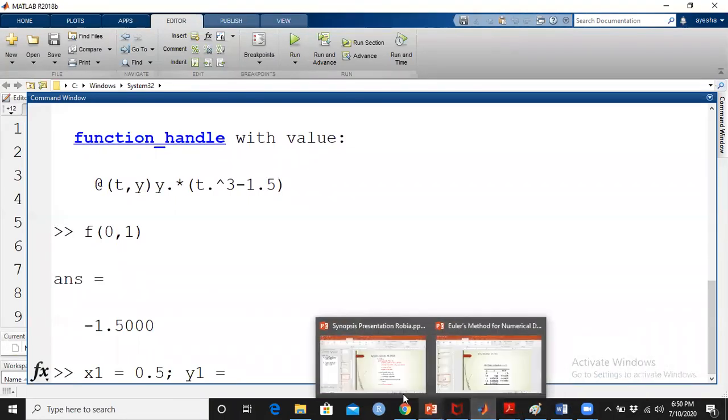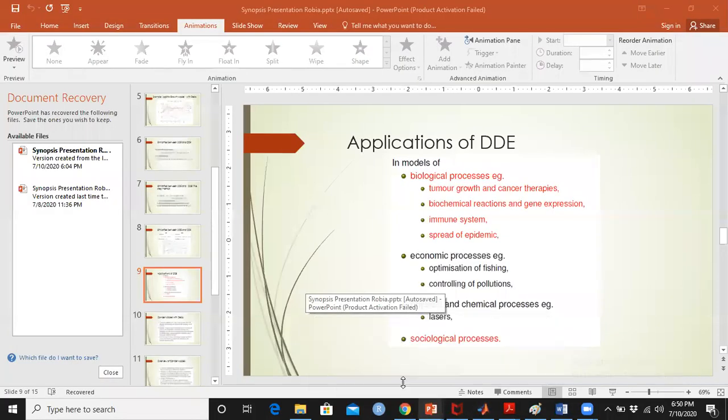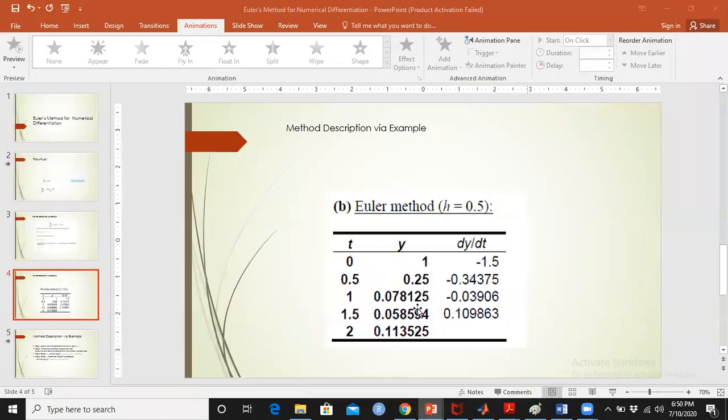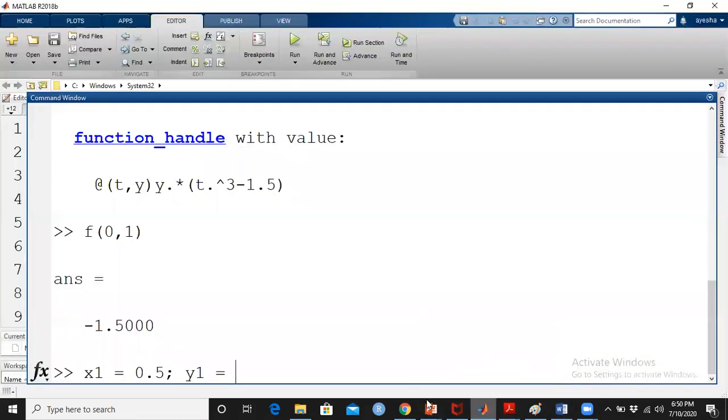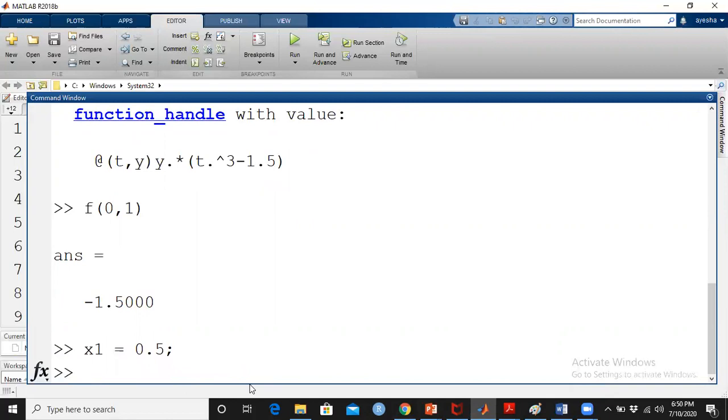The formula says that y i plus 1 is equal to y i plus f of x i, y i times h. So actually what is happening here, students, I am talking about y1.